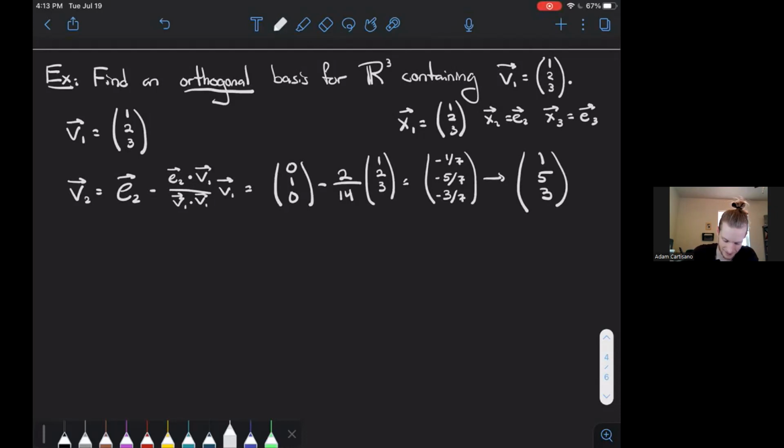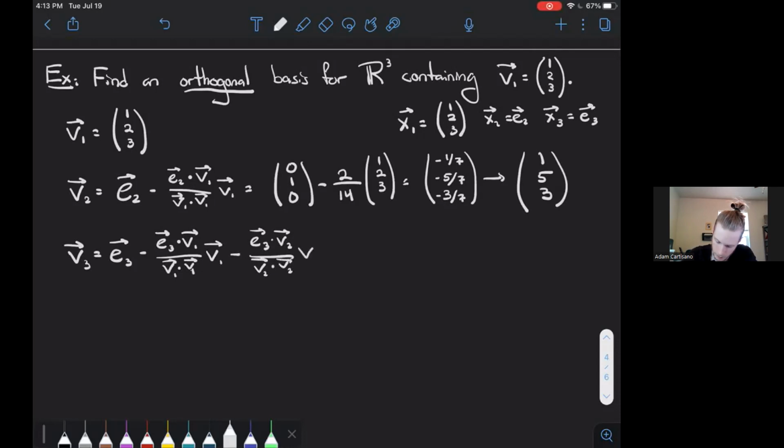v3 is going to be e3 minus e3 dot v1 over v1 dot v1 times v1, minus e3 dot v2 over v2 dot v2 all times v2.